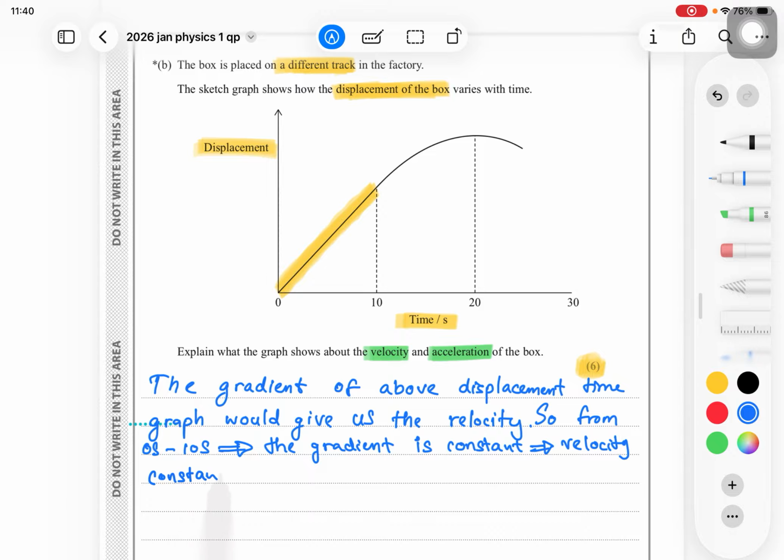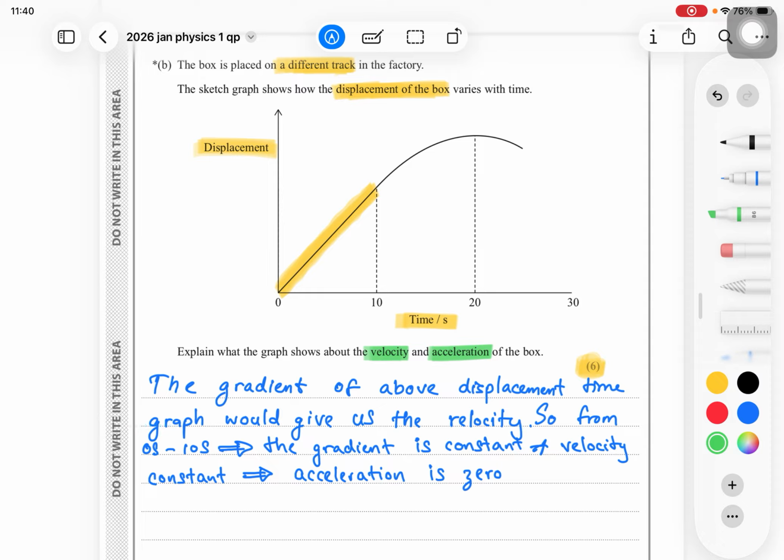If the velocity is constant, that means there is no change in velocity. So we would say acceleration is 0. Now we have brought everything required for the 0 to 10 time frame. But now let's see the 10 to 20 time frame.